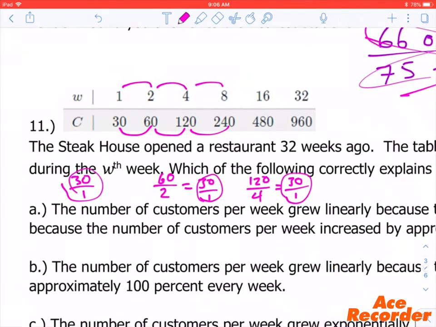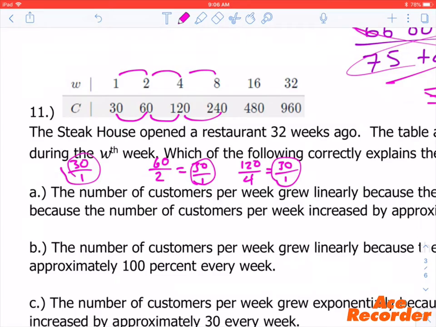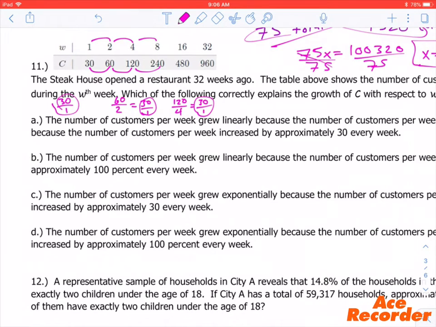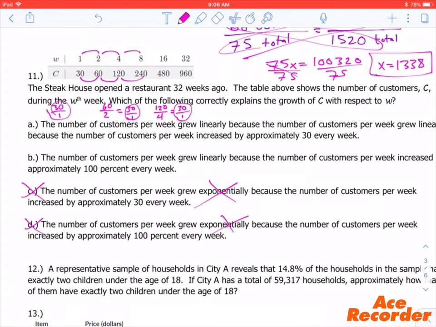So you can see the pattern here. Even though the weeks are going up by a certain amount, it's still the same change over the same change. So that is linear. So we can get rid of the exponential ones, C and D. And then look what's happening. The number of customers per week grew linearly because the number of customers per week increased by approximately 30 every week.